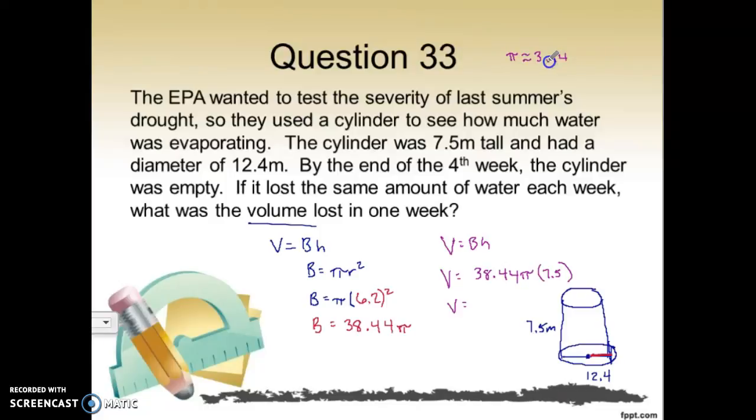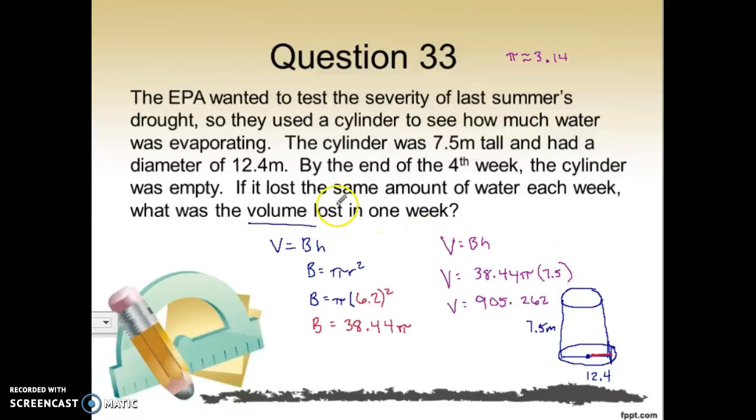It goes on forever. So this is what I'm going to put in my calculator: 38.44 times 3.14, which is pi, times 7.5, which is the height. And that gives me 905.262 meters. That's the total volume of that cylinder.